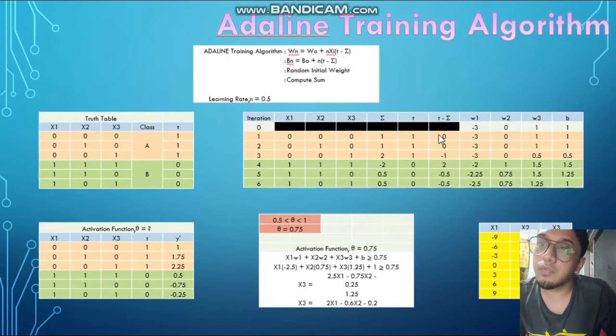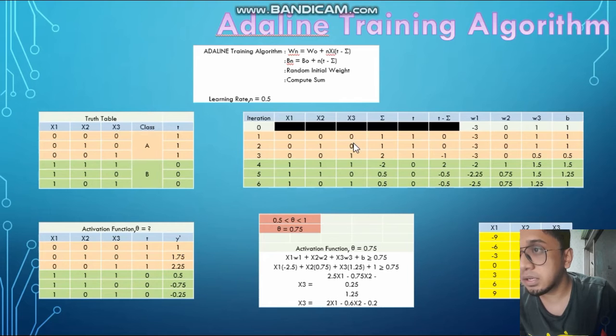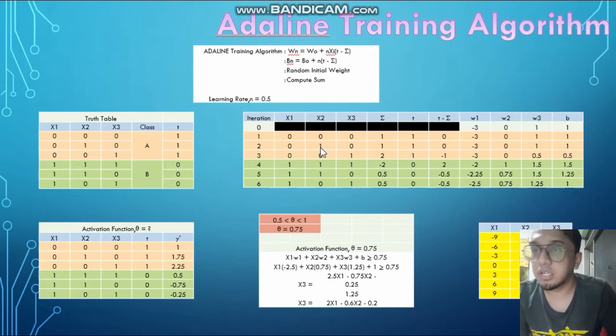So for w2, same also, w2 is 0, weight old is 0 plus 0.5, and then times 0, and then times the same also 0. So we got the number 0.